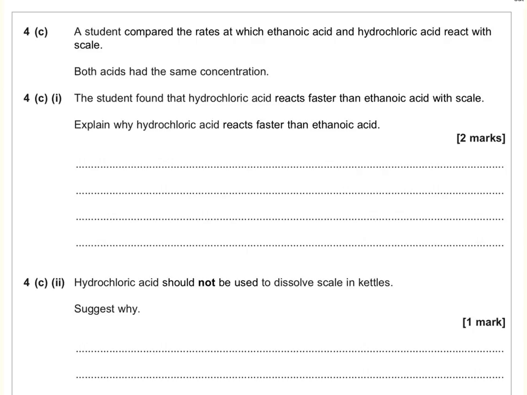So a student compared the rates at which ethanoic acid and hydrochloric acid react with scale. Both acids had the same concentration. The student found that hydrochloric acid reacted faster than ethanoic acid with scale. Explain why hydrochloric acid reacts faster than ethanoic acid. Well, we have just answered this question. But this time we can talk about hydrochloric acid as the subject. So we can say hydrochloric acid is a strong acid.